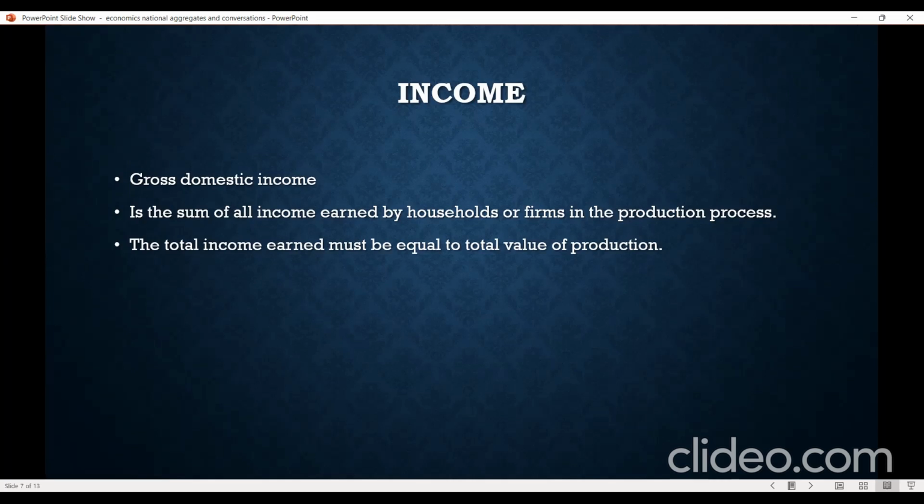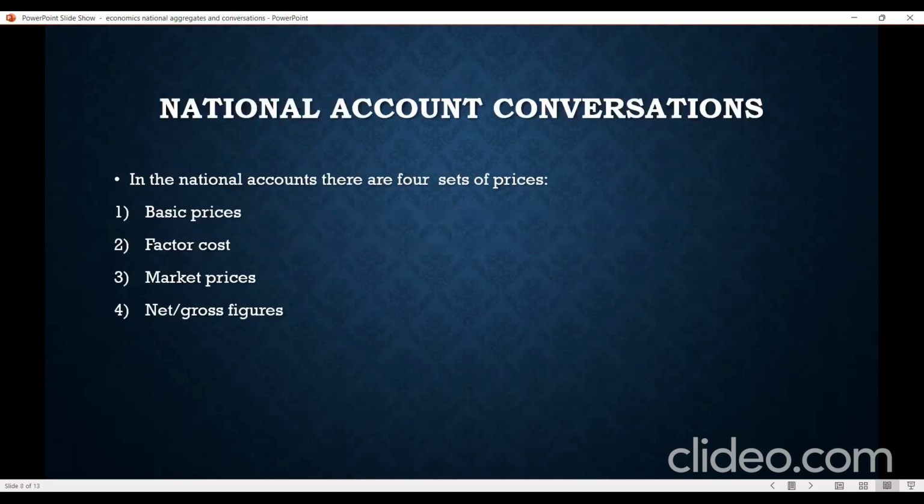Right. Now, going forward, we're going to look at our national account conversations. Now, we've got 4 sets of prices which are used in the national accounts. Here we speak of our basic prices, our factor cost, our market prices, and our net or gross figures.